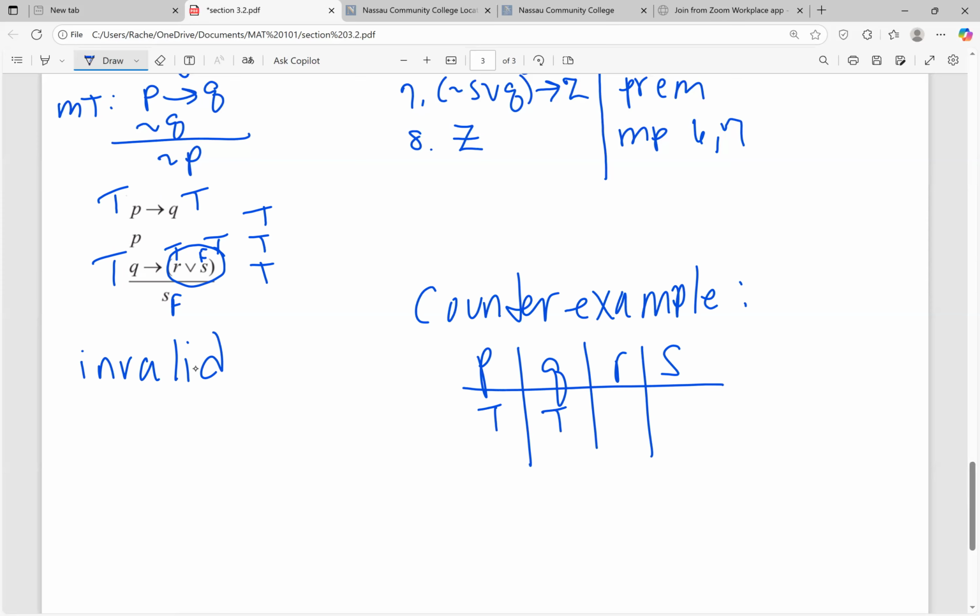Q is true. Now, S would have to be false, right, for the conclusion to be false. And we said if that was the case, R had to be true. So my counterexample would be when P, Q, and R are true, and S would be false.